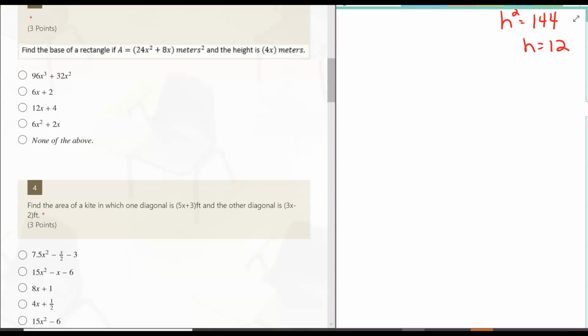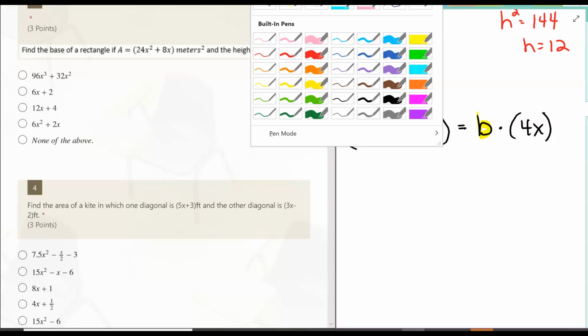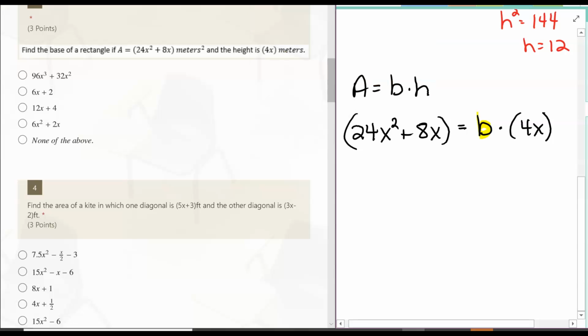Find the base of a rectangle if the area is this and the height is that. Again, area is base times height for a rectangle. So now we substitute in what we know. The area is 24x squared plus 8x. The base is what we want. The height is 4x. In order to identify what the base is by itself, we need to get rid of that 4x.